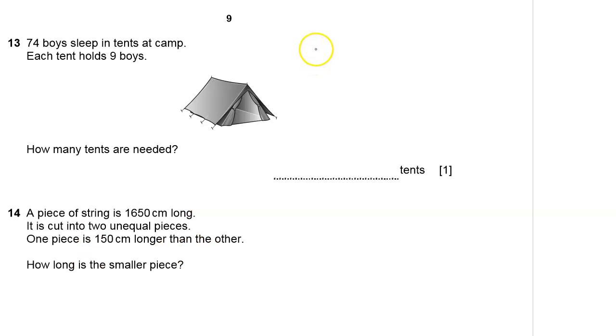Question number 13. 74 boys sleep in a tent at a camp. Each tent holds 9 boys. How many tents are needed? To get this answer, you need to divide 74 by 9.